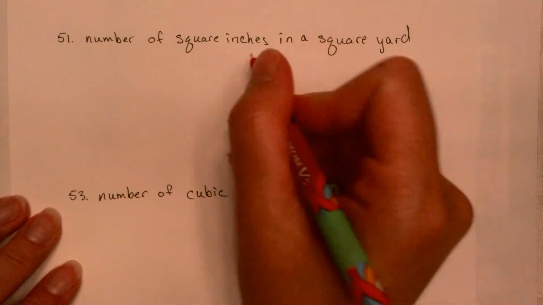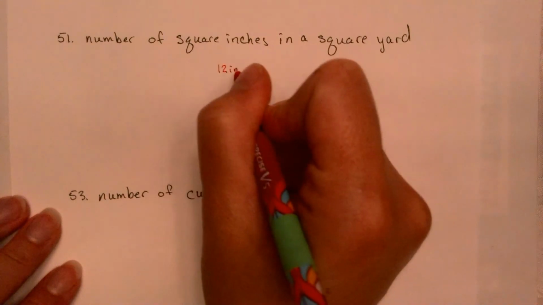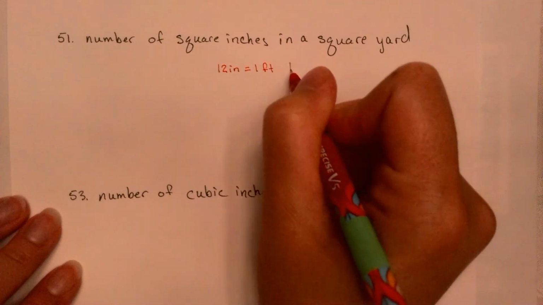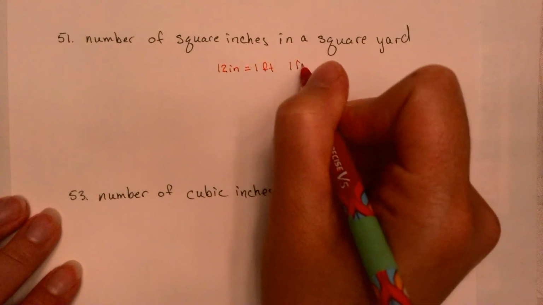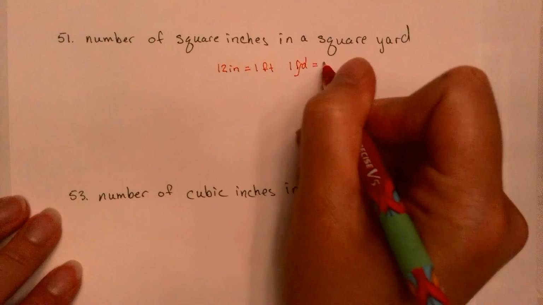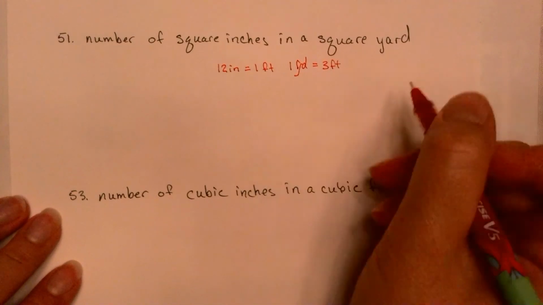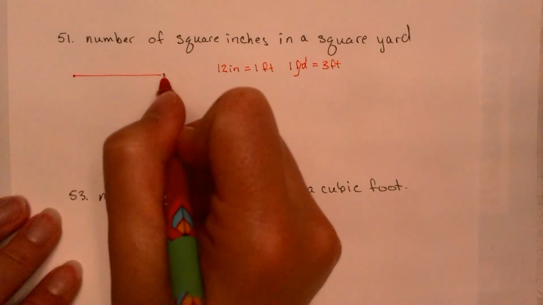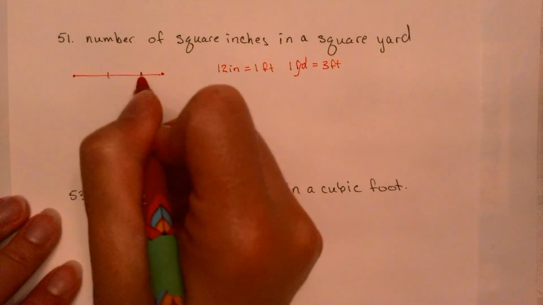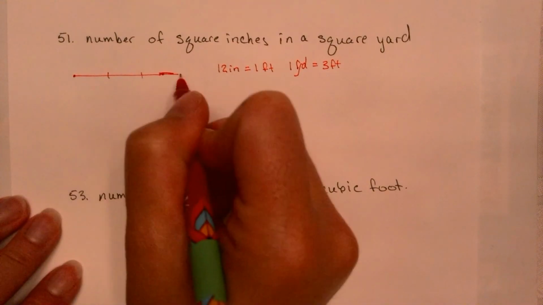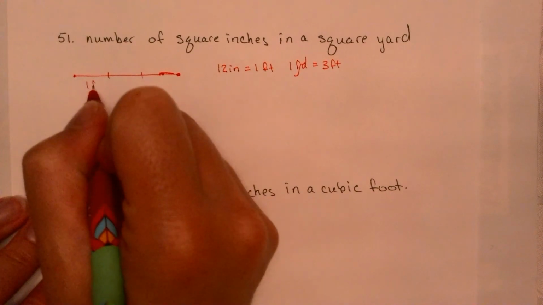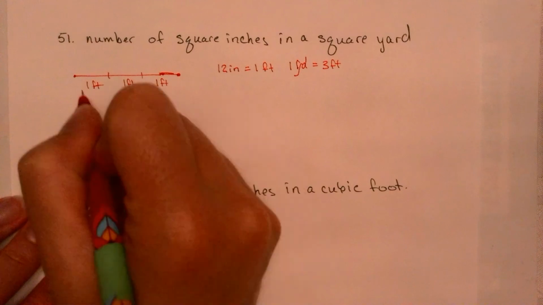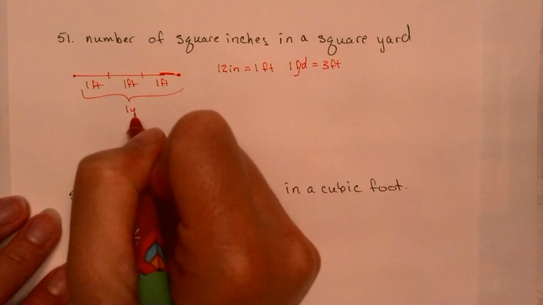Most of us know that there are 12 inches in 1 foot. And then we know that every 1 yard is equal to 3 feet. So if you can picture having something and we break it into 3, 1 foot, 1 foot, 1 foot is giving me 1 yard, okay?